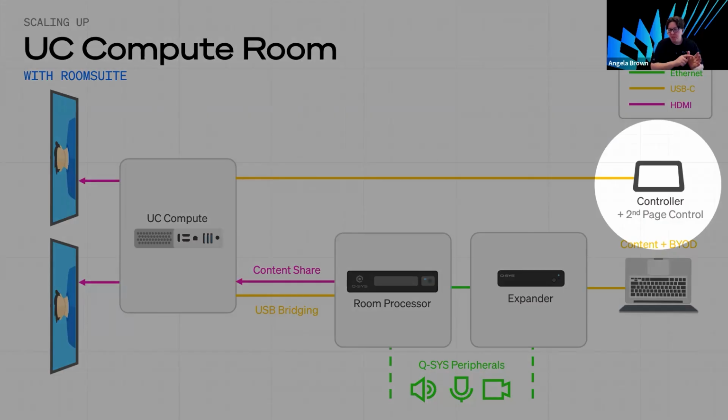Now, it says plus second page control, and that's because we have the ability to embed a Q-SYS UCI as a page flip or second page experience in that controller. So in most of these rooms, that's what we are doing, and that's what RoomSuite is doing. But let's actually talk about what some of the options are there.